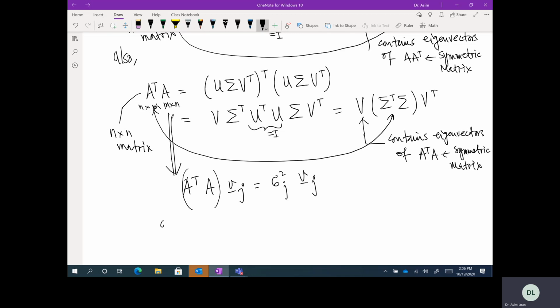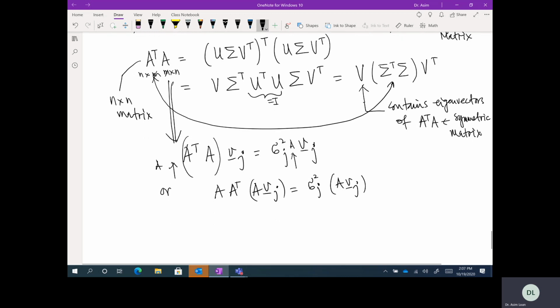Or, if I multiply A over here on both sides, I get A A transpose A times Vj, so this is the new vector, equal to sigma square j A times Vj.